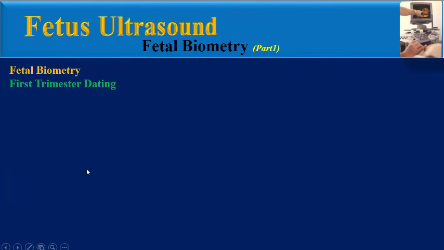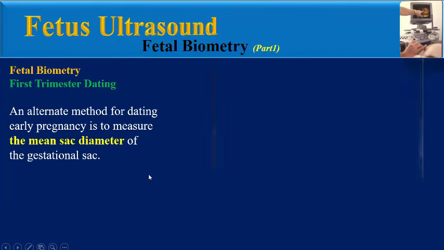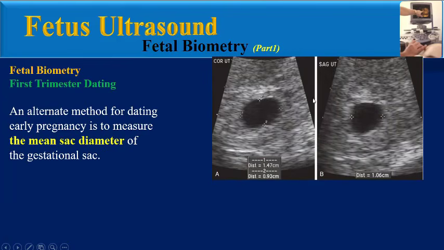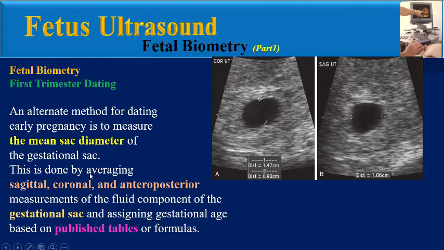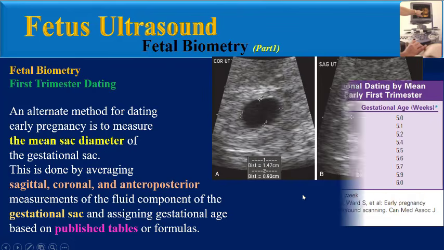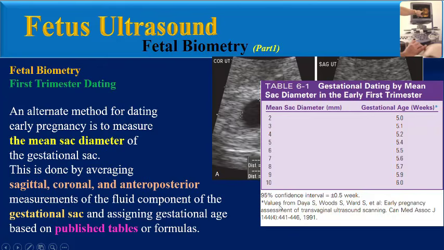An alternate method for dating early pregnancy is to measure the mean sac diameter of the gestational sac. This is done by averaging sagittal, coronal, and anteroposterior measurements of the fluid components of the gestational sac and assigning gestational age based on published tables or formulas.